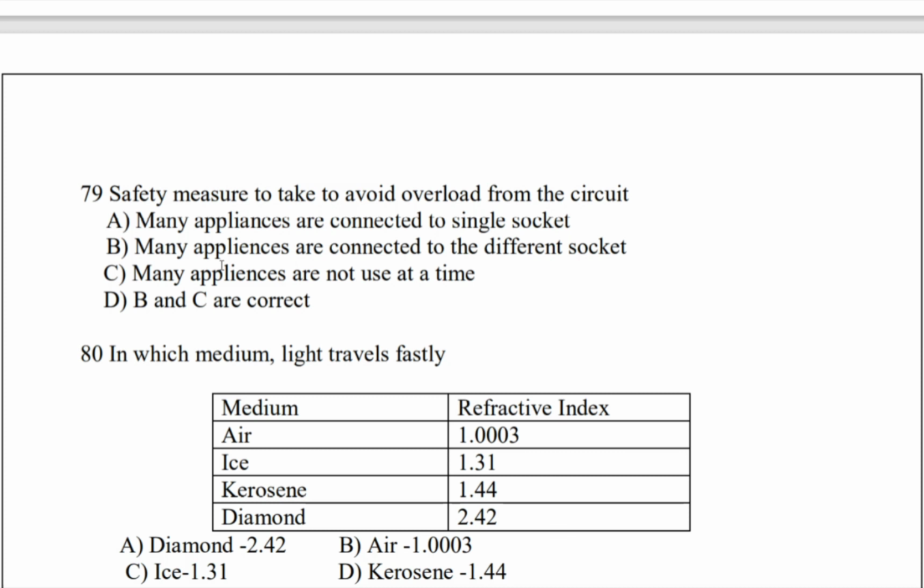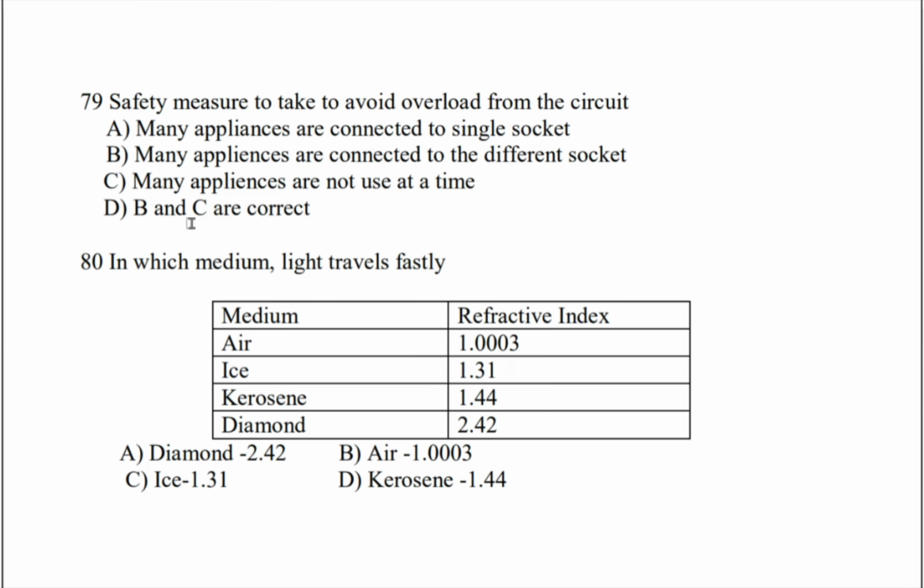Safety measure to avoid overload from the circuit is, read the question properly, how can we avoid the overload? Overload can be avoided by not using many appliances at a time, so option C is correct. Connecting appliances to different sockets means the load will be distributed equally. Therefore, B and C are correct, so option D is the correct answer.